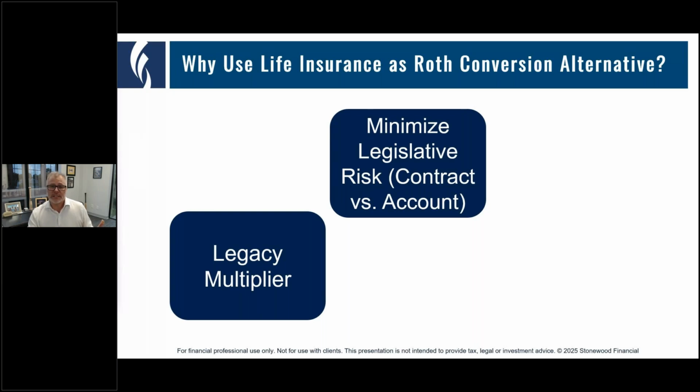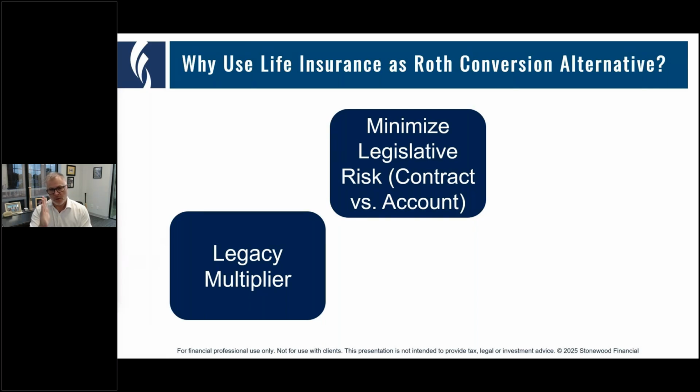They can change the rules anytime they want on an account. But on a contract, when they change the rules, clients get grandfathered in. When you look at the 80s, when TEFRA came into play, the clients that had those old life insurance policies that really drove the rule changes were grandfathered in because it was a contract.